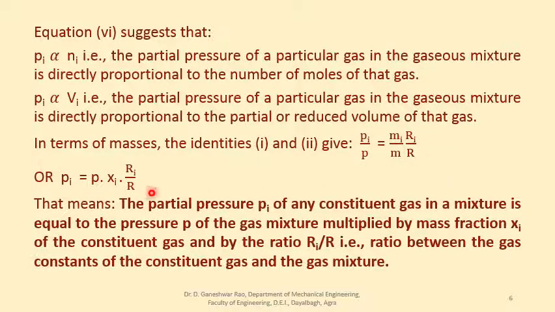So a general equation for any gas component is Pi is equal to P into xi Ri upon R. That is, the partial pressure of any gas component is equal to the mixture pressure multiplied by the mass fraction multiplied by the gas constant of that particular gas divided by the gas constant of the mixture. So remember this equation, which will be used frequently.